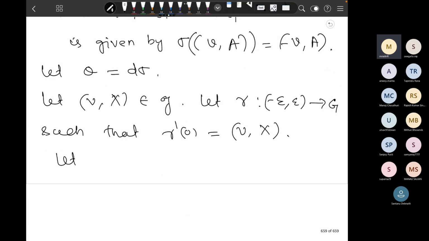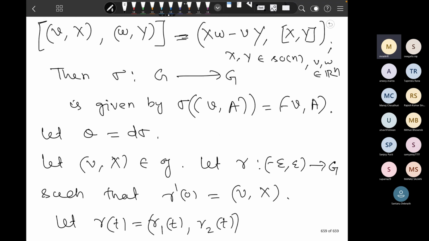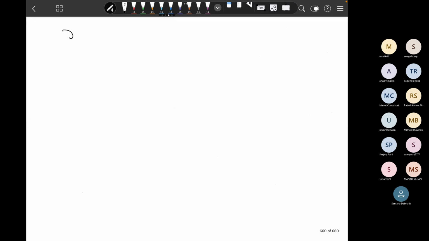So let gamma(t) be equal to (gamma 1(t), gamma 2(t)). So if you define it that way, from this you will get gamma prime 0 is equal to (gamma 1 prime 0, gamma 2 prime 0).